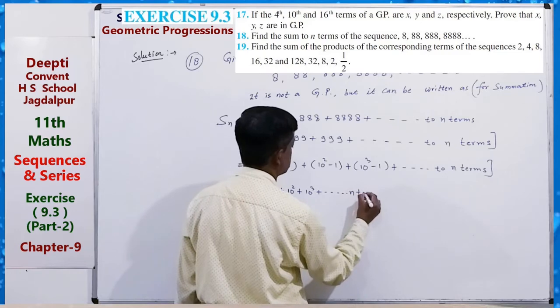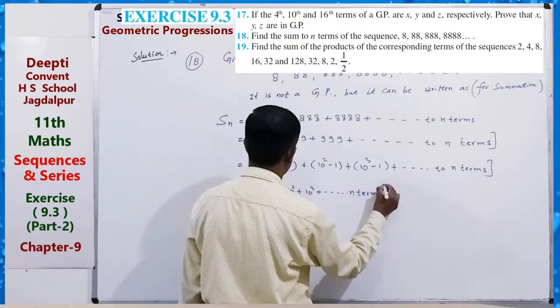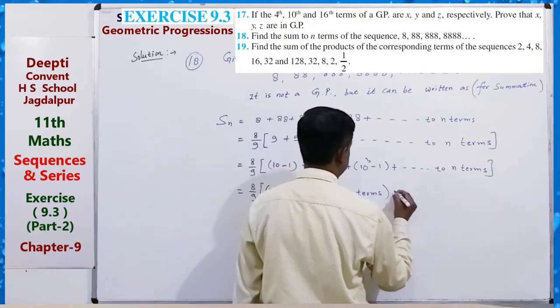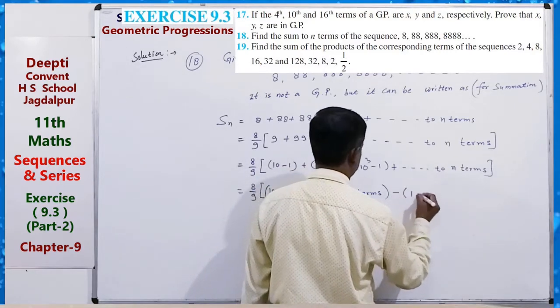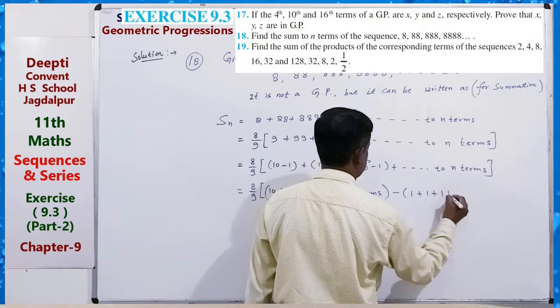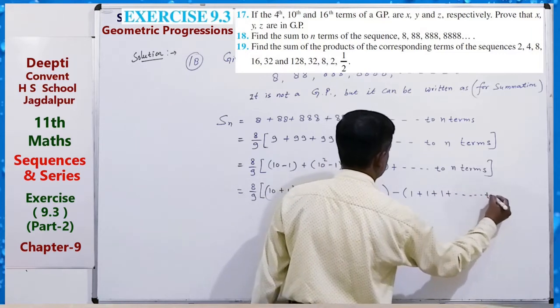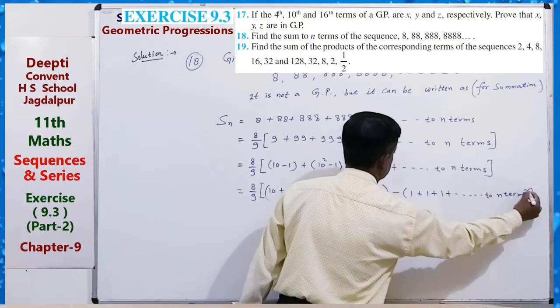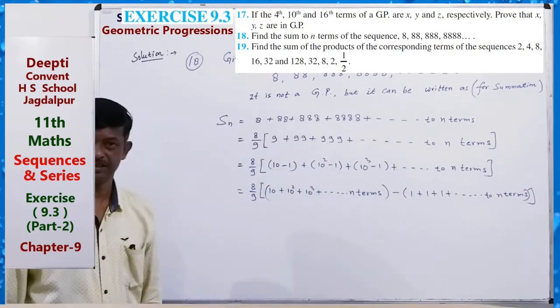Just like this. So we can write 8 by 9, 10 plus 10 square plus 10 cube plus up to n terms, minus 1 plus 1 plus 1 plus up to n terms. We can write like this.